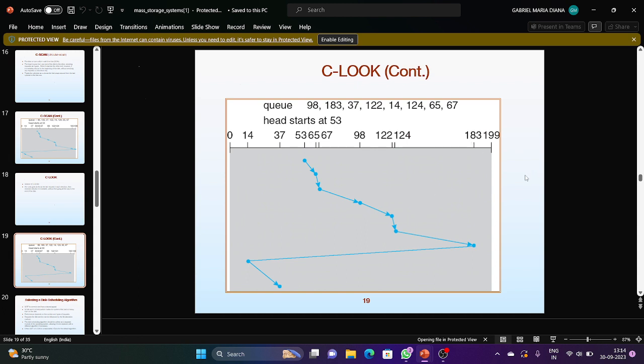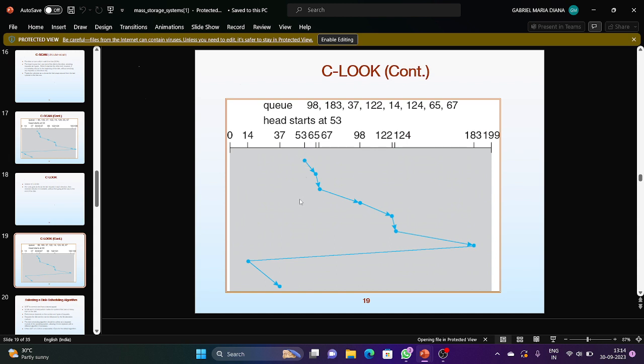Here it doesn't go till the last 199. It stops at whichever maximum value comes. So here the maximum value is 183.